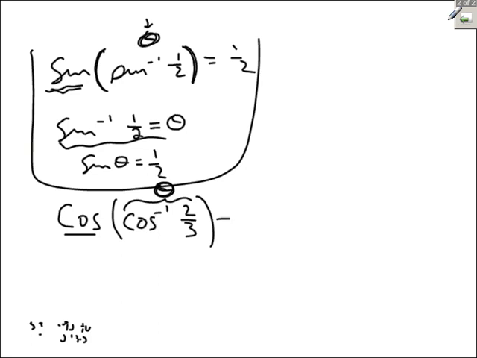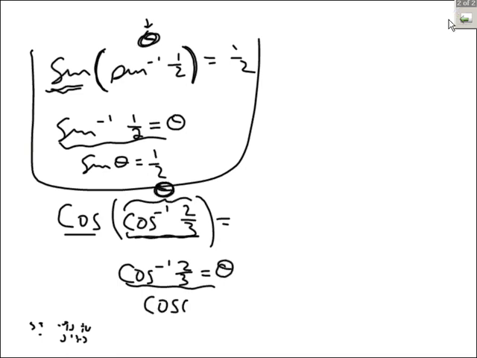We know that the cosine inverse of 2/3, we're calling it theta, because cosine inverse of a number is equal to an angle. But this statement right here says the cosine of theta is 2/3. And that's what we want. We want the cosine of this. So the cosine of theta is 2/3.